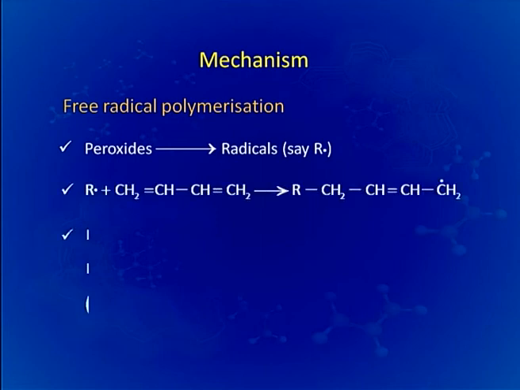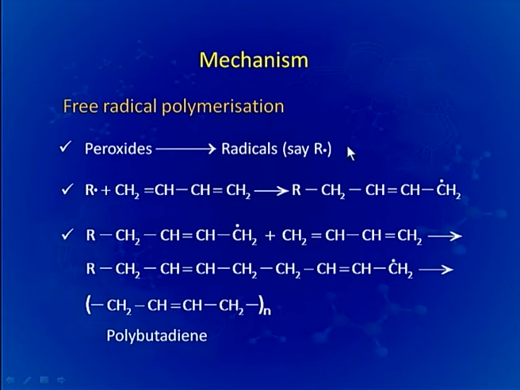First of all, peroxide will be broken into free radicals and then these radicals will attack a single unit of butadiene, converting it to a free radical. So, this is the initiation step.